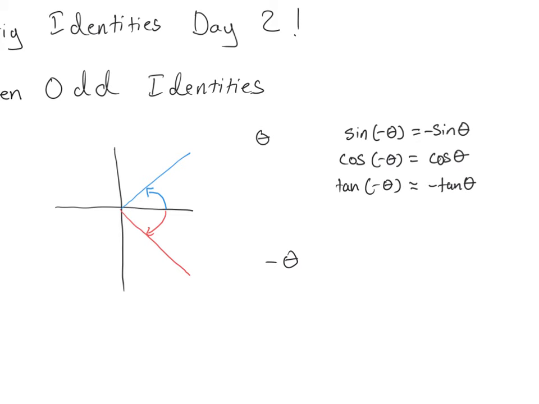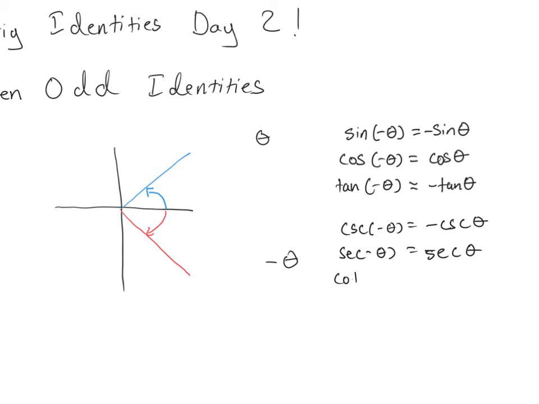And then, of course, the signs of our reciprocals should match our original. So our cosecant will match our sine. Our secant should match our cosine.